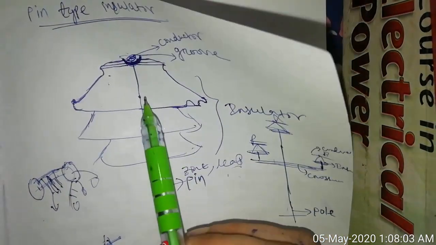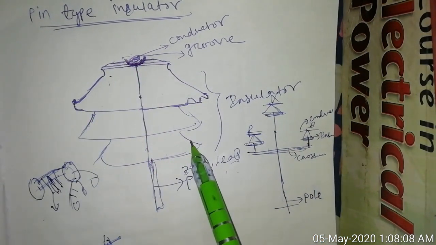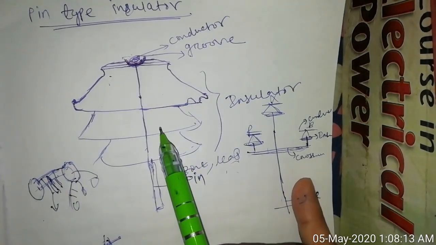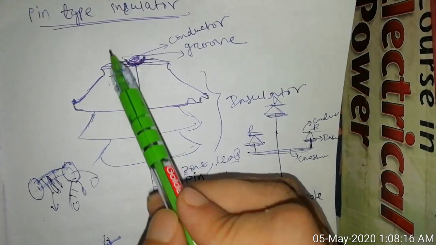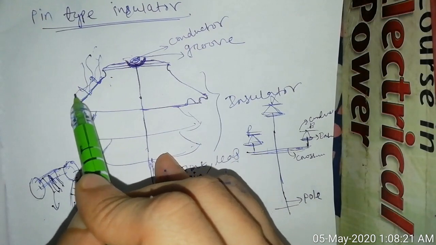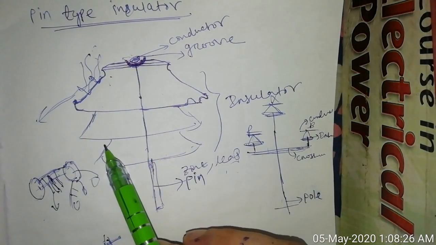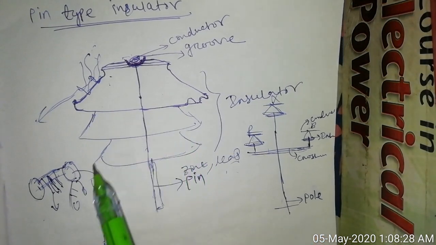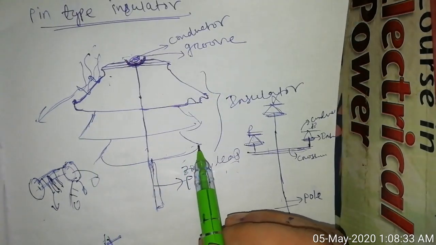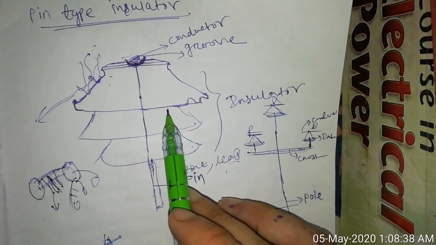One question arises: why is the shape of the insulator like this? The umbrella-like structure of the insulator is because of a reason. If rain falls, it will slide down, so that the inner side of the insulator will be dry. We need the inner side of the insulator to be dry, because if the inner side gets wet, what will happen?